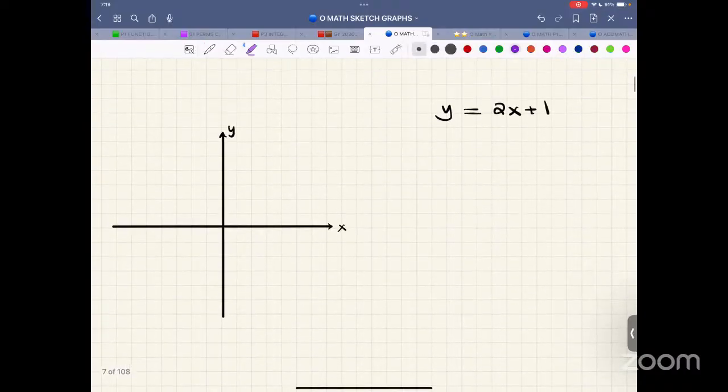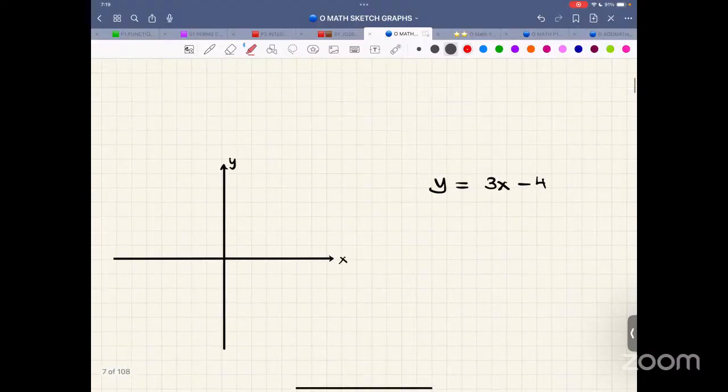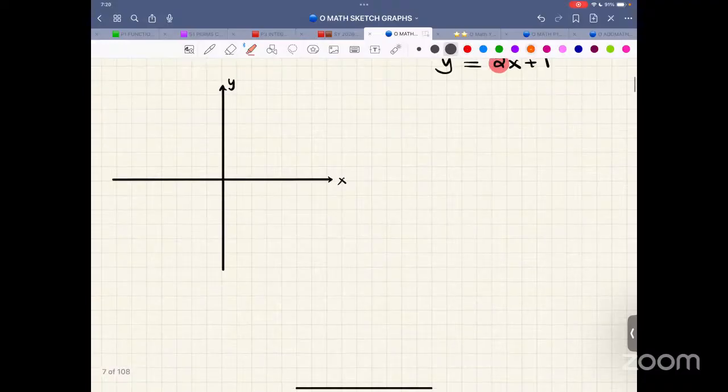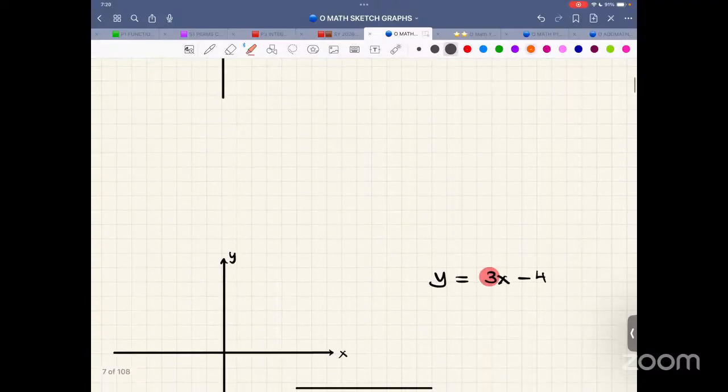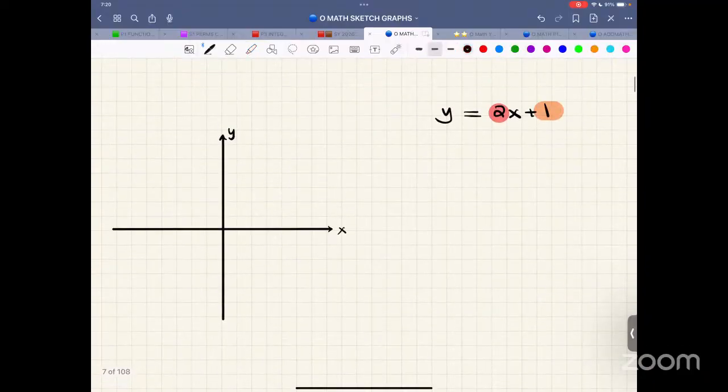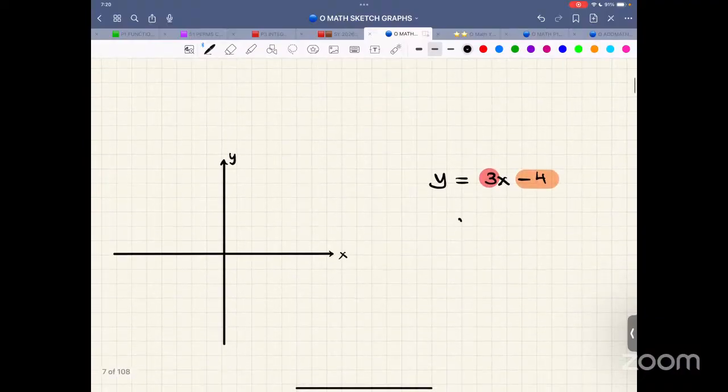What is common between the two? The common thing is the slope is positive. The slope is positive. And this y-intercept is positive. This y-intercept is negative. So slope is positive. Y-intercept is positive. Slope is positive.